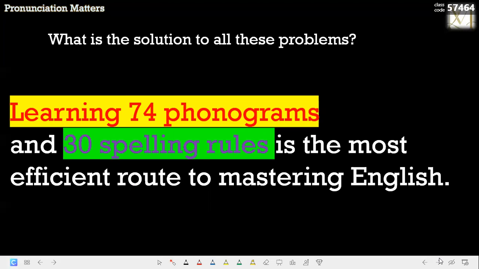And also, there are 30 spelling rules. If we master these 74 phonograms and the 30 spelling rules, I think the pronunciation issue will be different. It will be much easier for teachers and for learners at the same time.